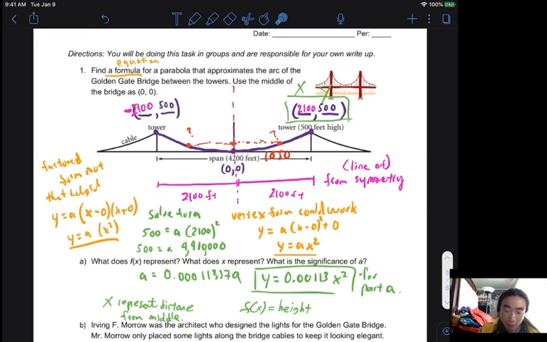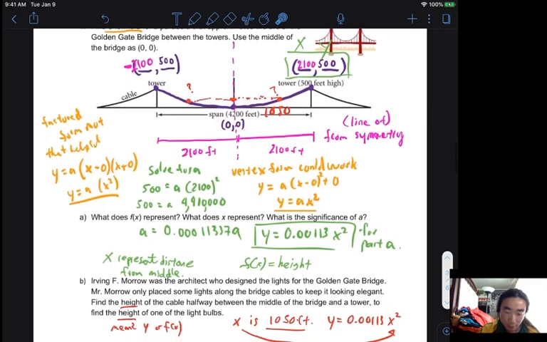That's why they asked you what f of x represents and what x represents. Because you could flip the two, and then you'll solve a different version of the problem. For me, it's really helpful to write this out and then draw the picture. This is where your string of light bulbs goes.